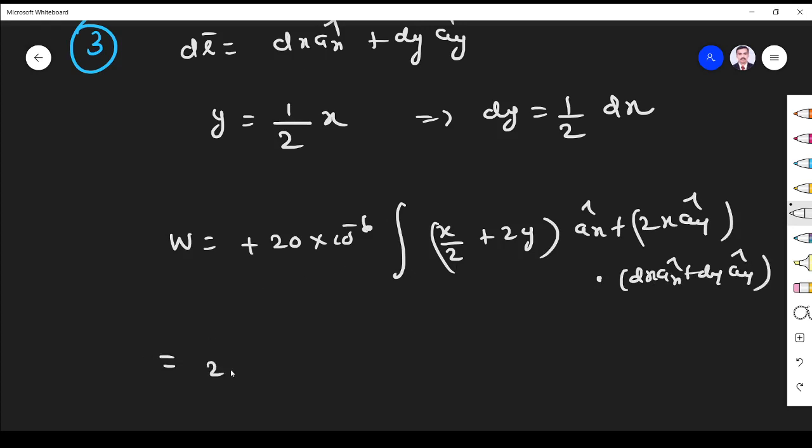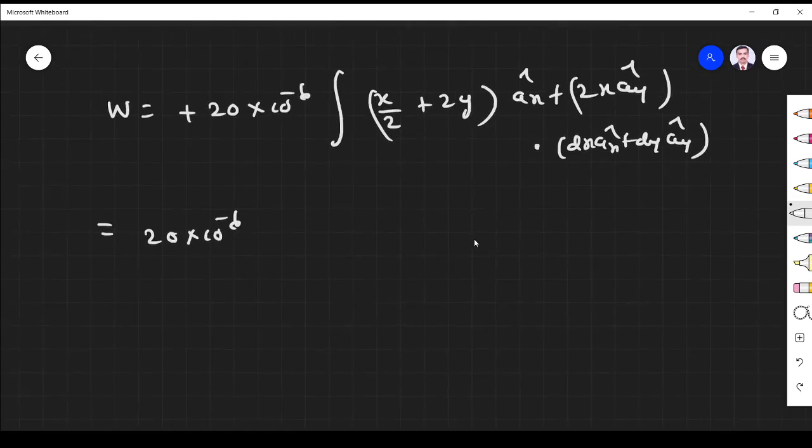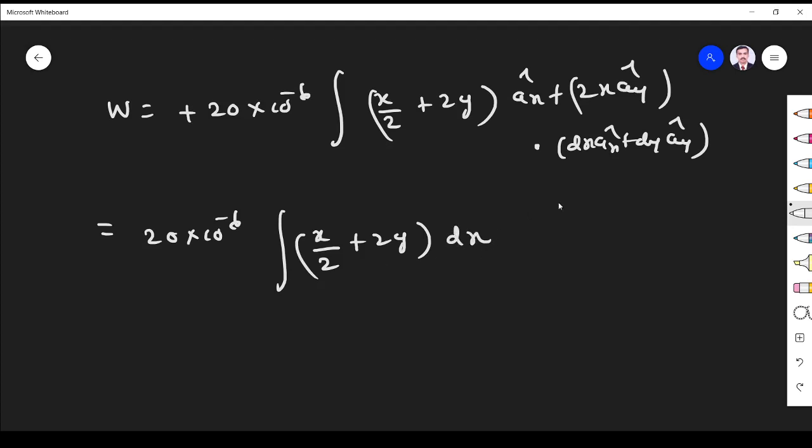That is giving 20 into 10 power minus 6, and integrating, ax dot ax will be 1. So (x by 2 plus 2y) dx, right? Plus, I split the integration, here is ay dot ay, so 2x dy.